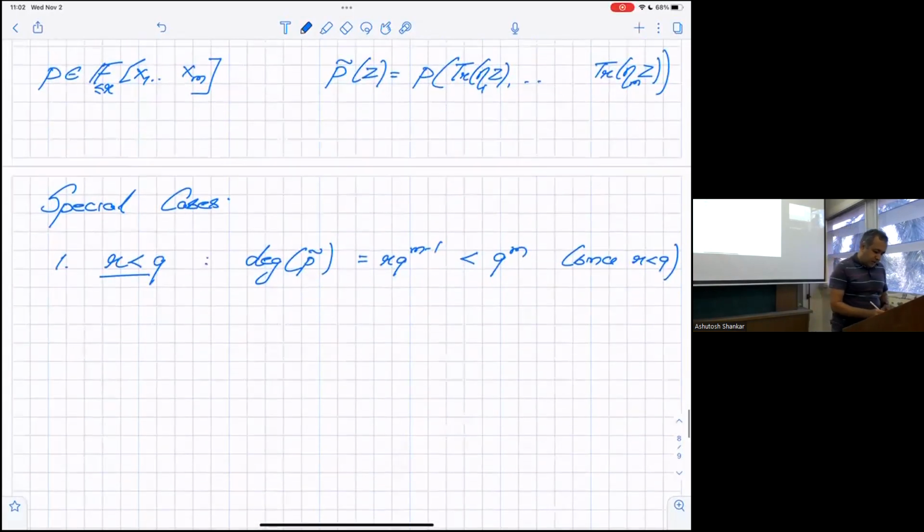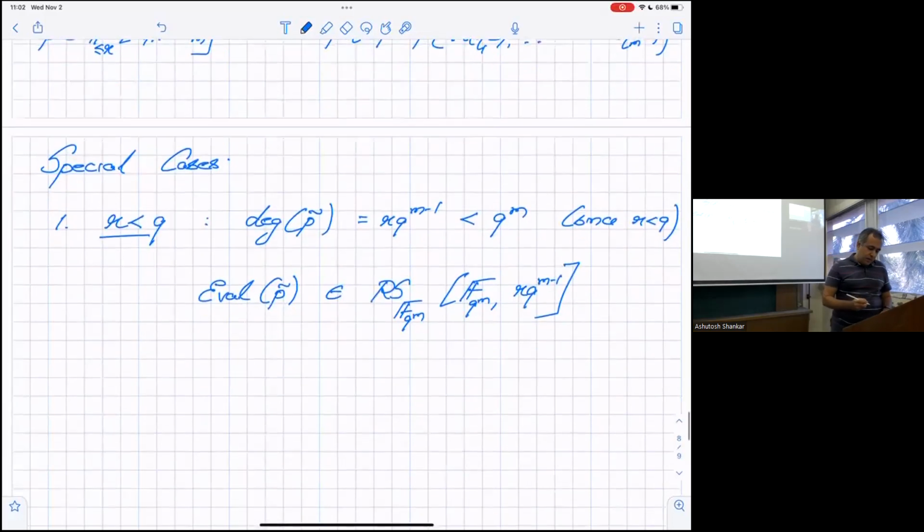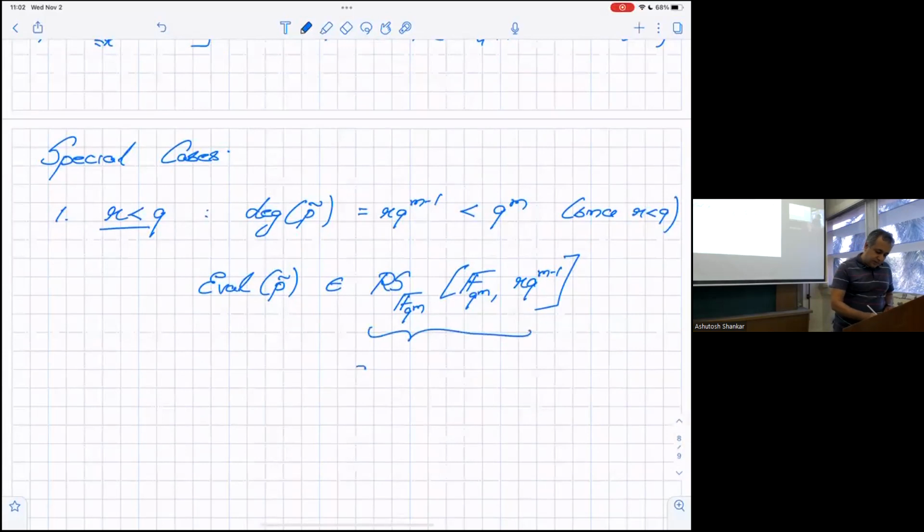So, in other words, I want to say the evaluation of p tilde is a member of Reed-Solomon over the large field, evaluated at the large field, with degree r(q^m minus 1). You agree with this? And the distance of this is exactly 1 minus r by q, which is the distance of the Reed-Muller code.